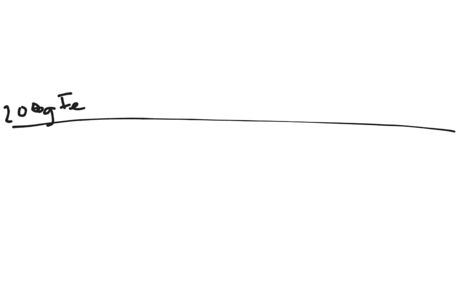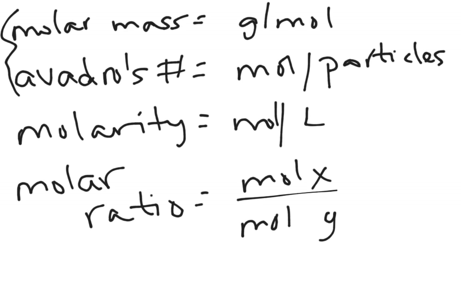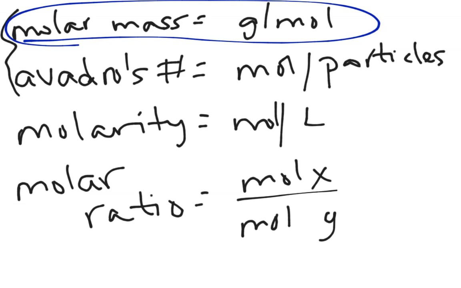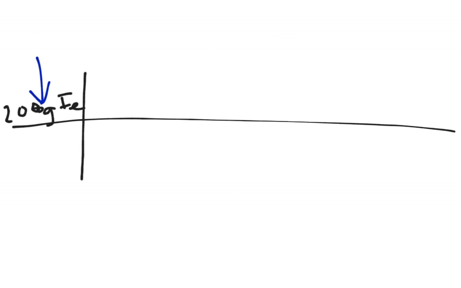Here we've got grams. If we look back at my conversion factors, the only thing that has grams in it is molar mass. So we're going to use that ratio, and I'm going to put grams of iron on the bottom and moles of iron on the top.